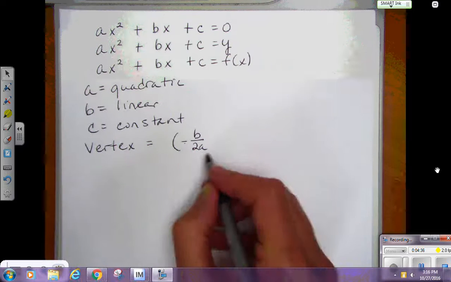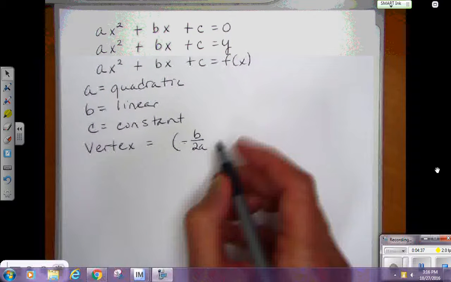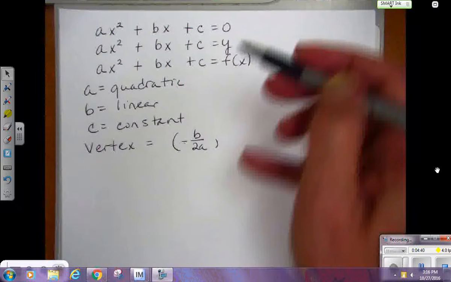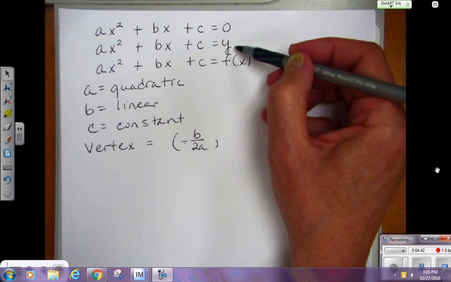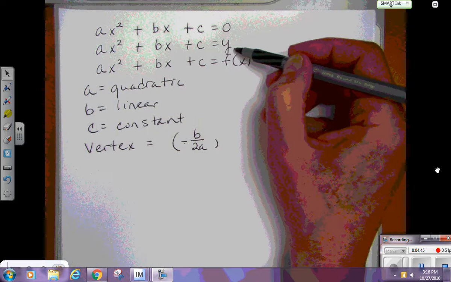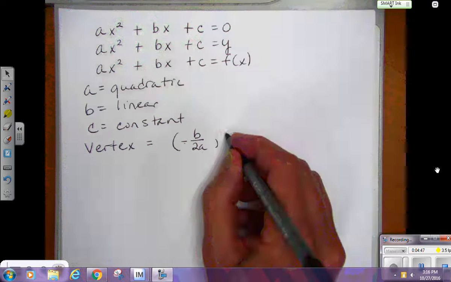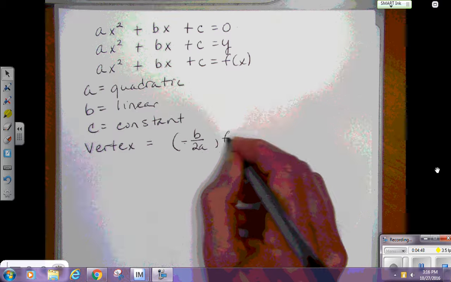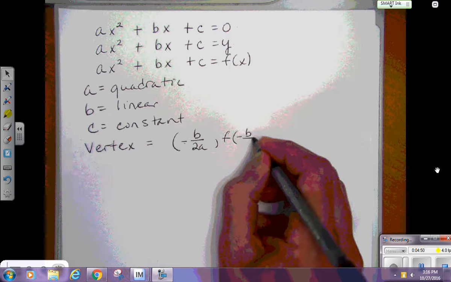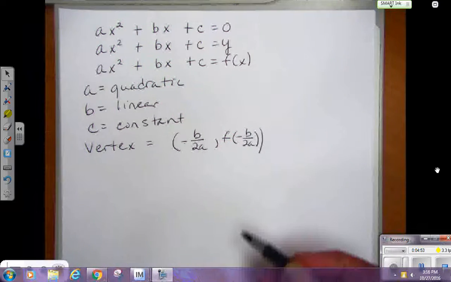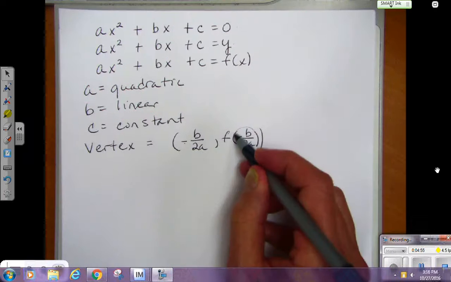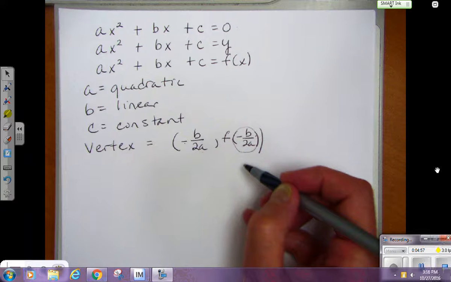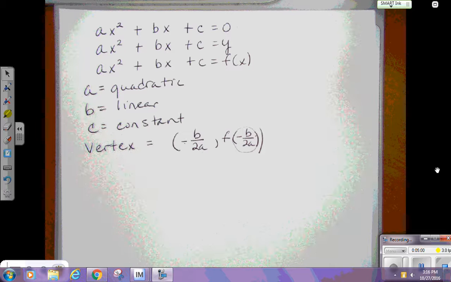And once you find your x-coordinate, you take that number value and plug it back up into your quadratic equation. And that gives you the y. So that's why they have f of negative b over 2a written in that way, because that's function notation, and that's just telling you to take that value for your x, plug it into the equation, and that will get you the y value.